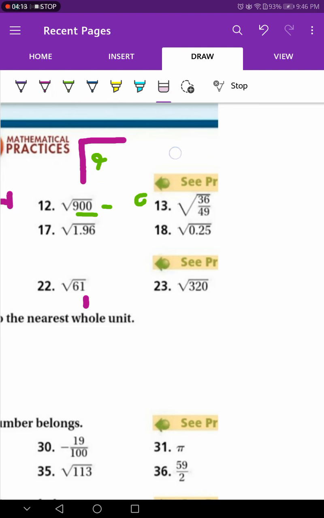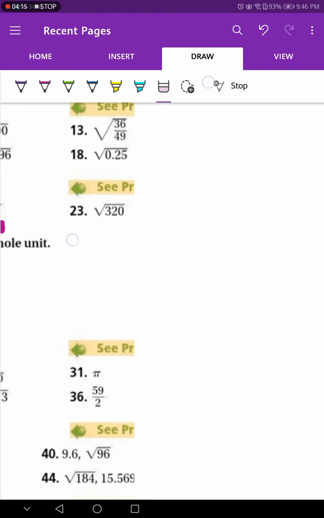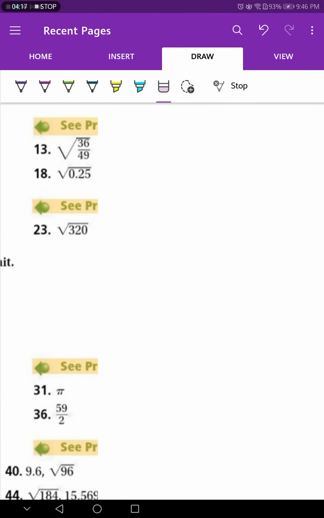Now we move to question number 13. Question number 13: I have a building with two floors. The first one is 36 over 49. Don't hesitate or think it is hard. You have to think the numerator up is 36 and the denominator is 49.